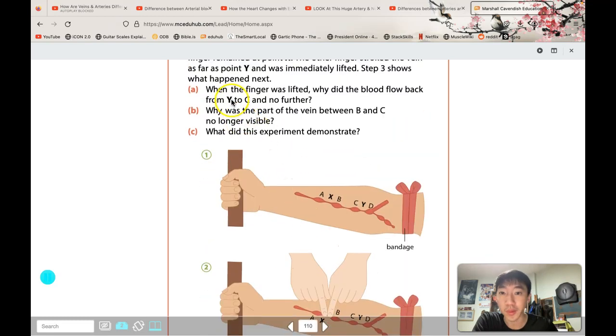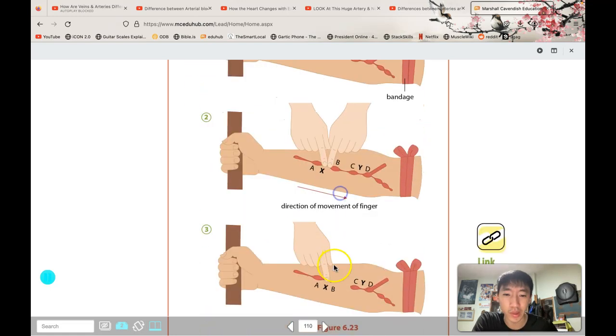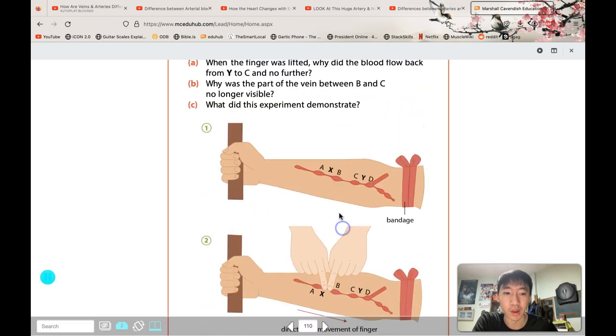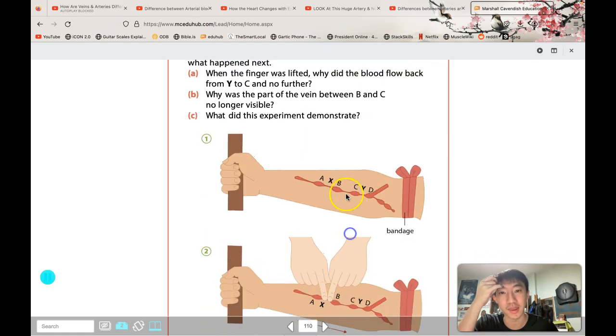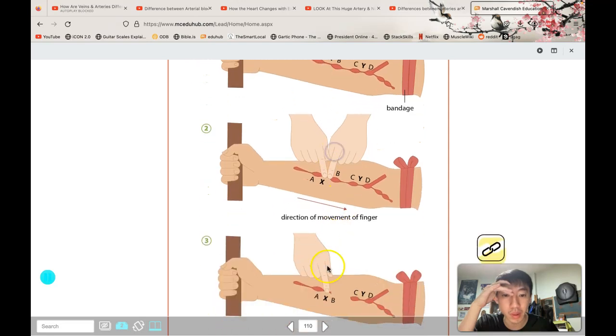When the finger was lifted, why did the blood flow back from Y to C and no further? Obviously, because there's a valve present at C. Why was the part of the vein between B and C no longer visible?